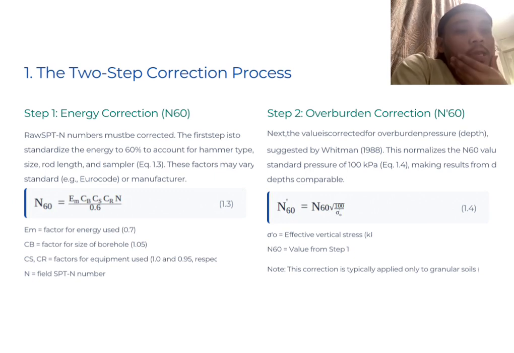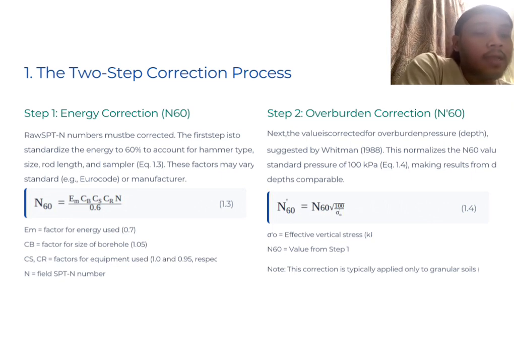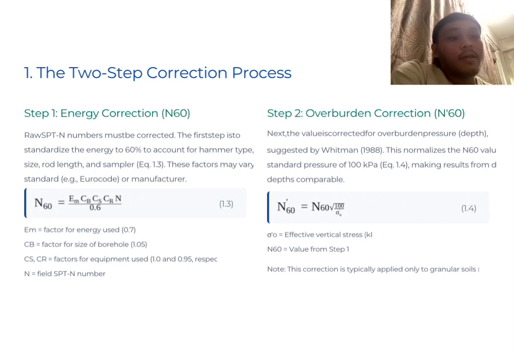The formula that we use is N prime 60 equal to N60 times the square root of 100 over effective pressure, where this is the effective pressure. This step only applies to granular soil, which is sand.